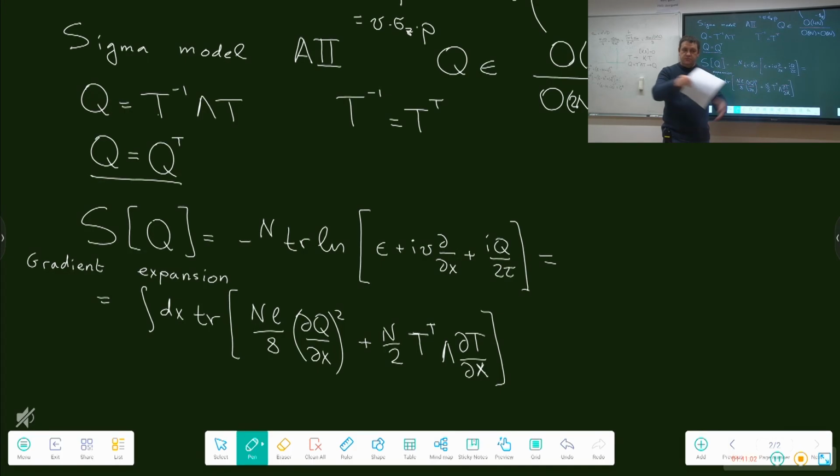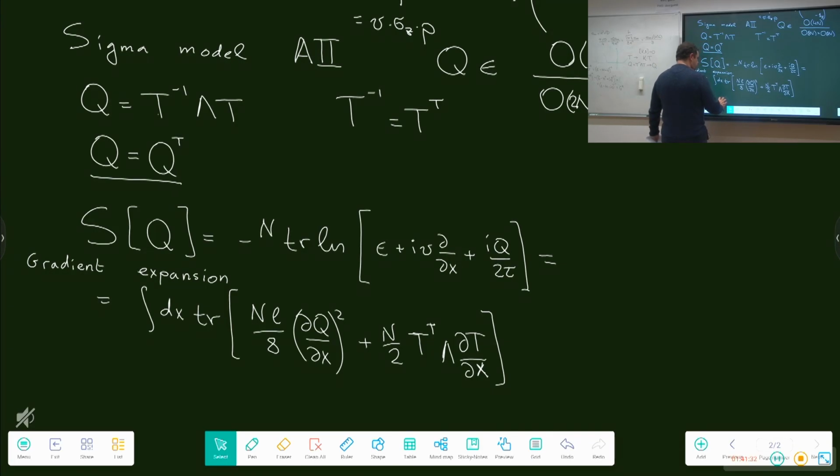Trace will not change when you transpose a matrix. If you transpose this, you will have dt by dx here and T transpose there. Then you do integration by parts. You move this derivative from the first term back to the last. And you discover that after transposition, this thing changes sign, because this partial integration goes with a minus sign. So it should be 0.